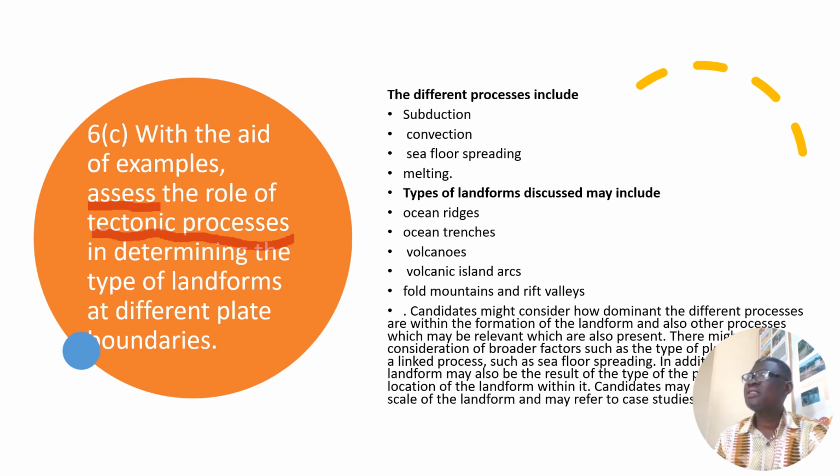All these are tectonic processes. And how do they form these landforms? We have just dealt with the spreading centers. We have also done something on what? Subduction. And you have got to know the type of landforms that are formed here. So you say one and you move on. Yes, subduction. What are the landforms?